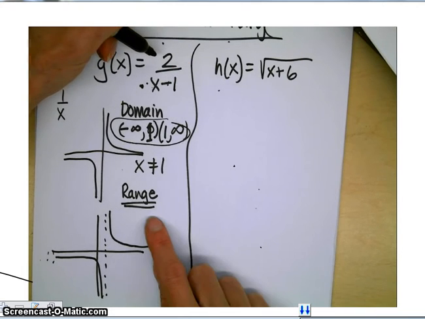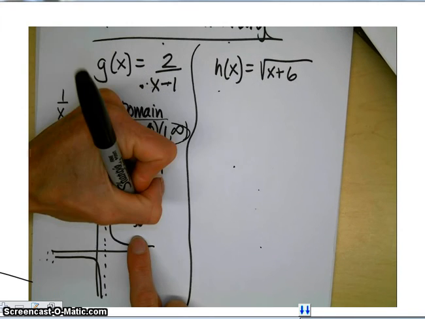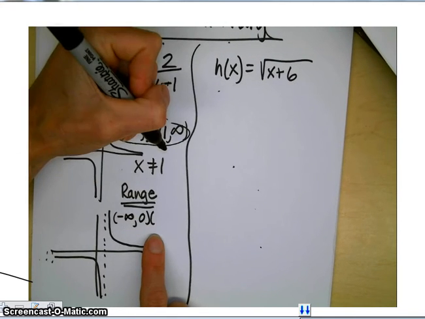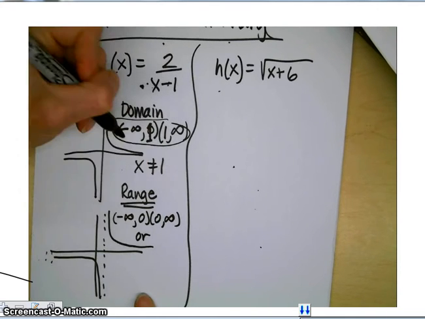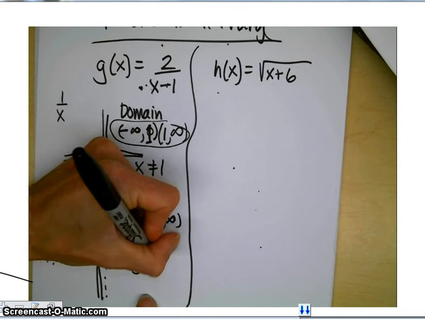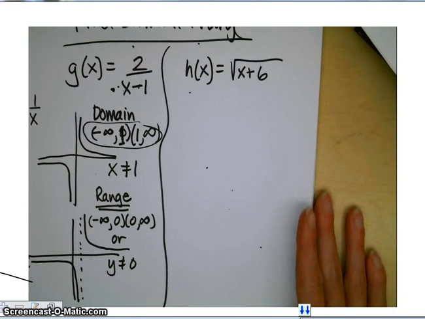No. So the range would be -infinity to 0 and 0 to infinity, or y cannot equal 0. Okay, are domain and range something I can show you a step-by-step process to do? No. It's called using your brain. Okay, domain and range for this one.